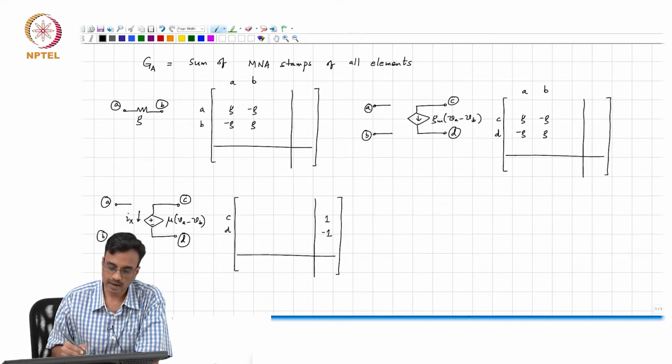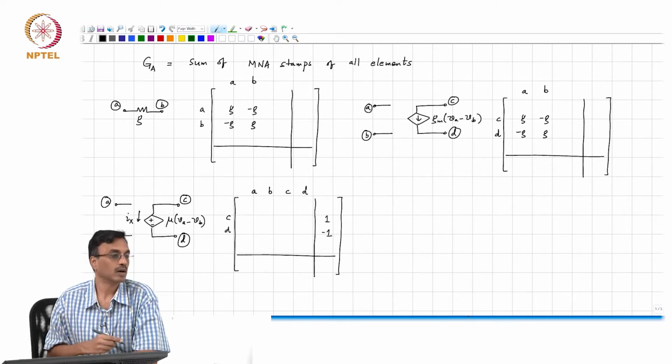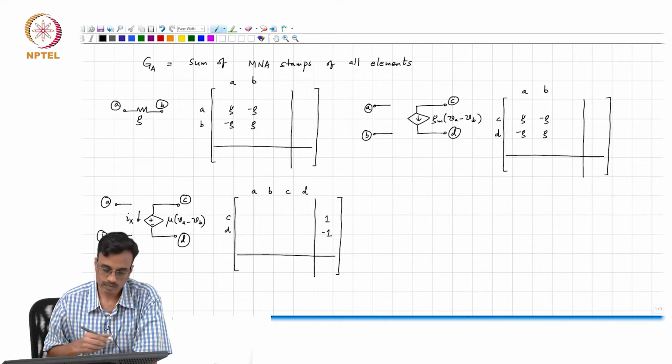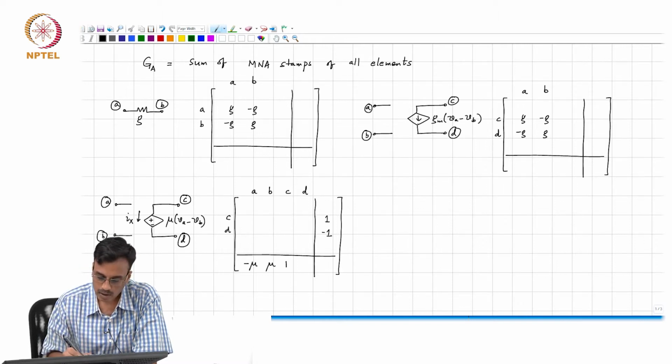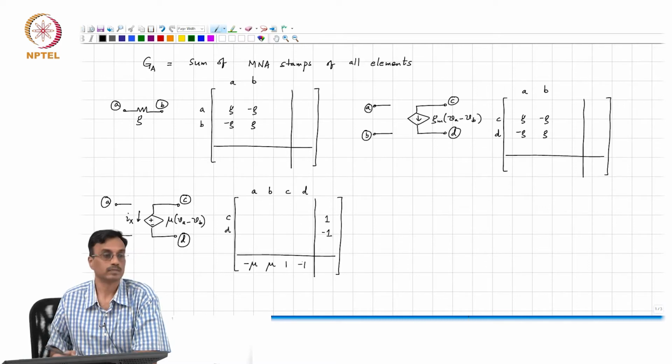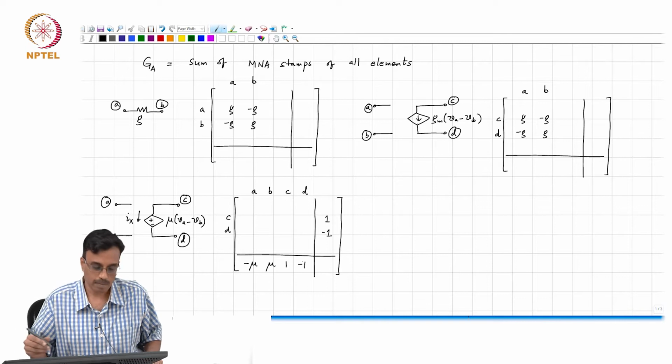And in the last row, in the columns A, B, C and D, you will get minus mu, 1 and minus 1. All right, this is where we stopped yesterday, I believe.